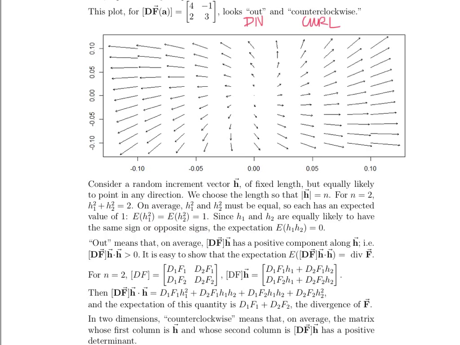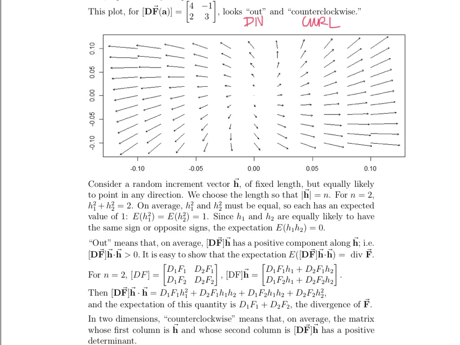Alright, so outward means that on average, df acting on h has a positive component along h, or df acting on h dotted with h, the dot product between those two vectors, is greater than 0. So it's easy to show that the expectation of this dot product is equal to the divergence. So for n equals 2, we end up with the derivative of this vector field written like this. The derivative of the vector field acting on h is written like this. So the derivative of the vector field acting on h dotted with h ends up being this entire expression.